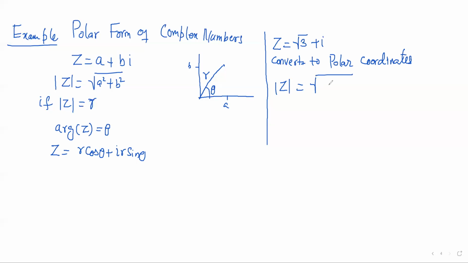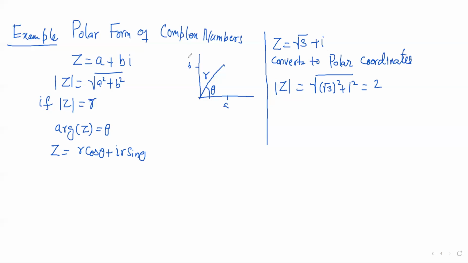Modulus of z will be the square root of 3 square plus 1 square. So it is the square root of 3 plus 1, that is square root of 4, that is equal to 2.